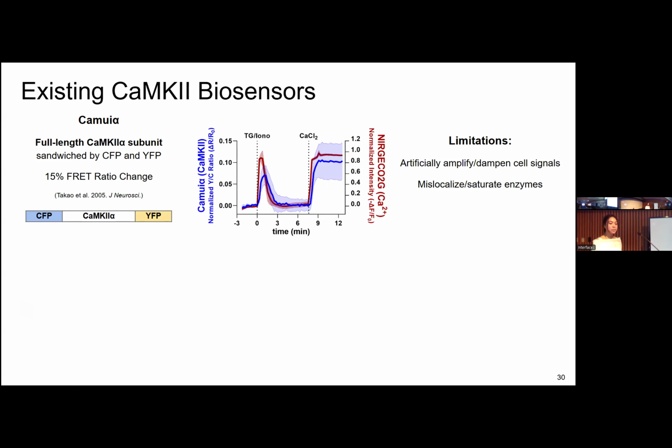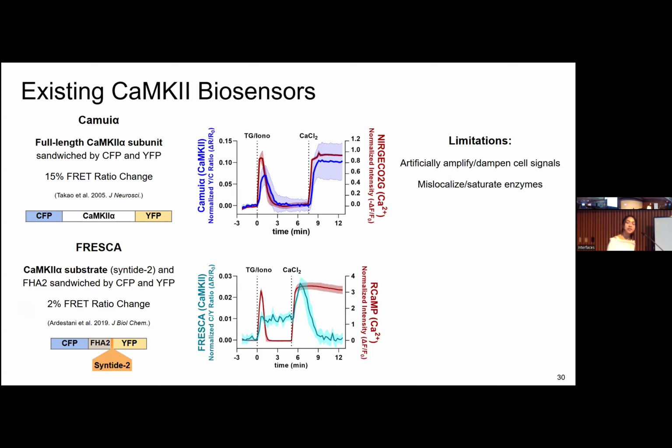So while Camui alpha appears to capture CAMK2 activity with these stimulations, overexpression of full-length substrates can artificially affect CAMK2 signaling. We don't want that. So a recent biosensor called FRESCA overcame this limitation by using a Syntide2 substrate peptide and an FHA2 phosphoamino acid binding domain as its sensing unit.